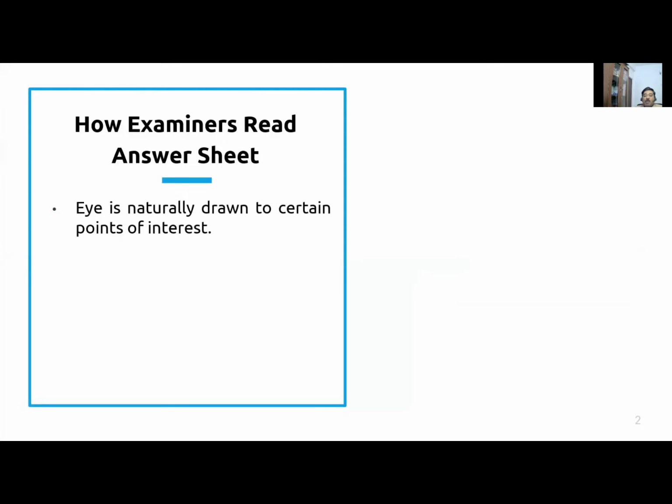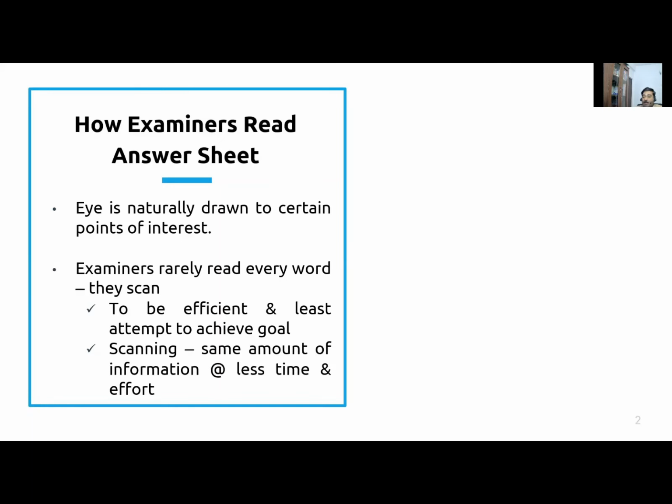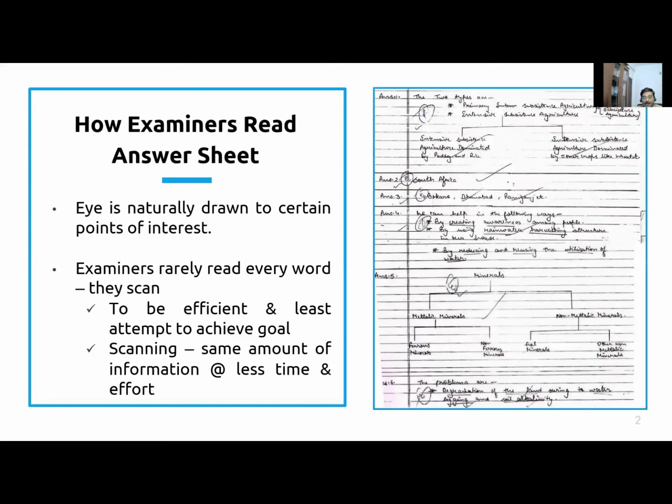It is a well-established psychological fact that the human eye is naturally drawn to certain points of interest in the field of vision. So in your paper, examiners rarely read every word. Instead, they scan, because scanning is an efficient evolutionary process: they invest less time and effort to gather more information.